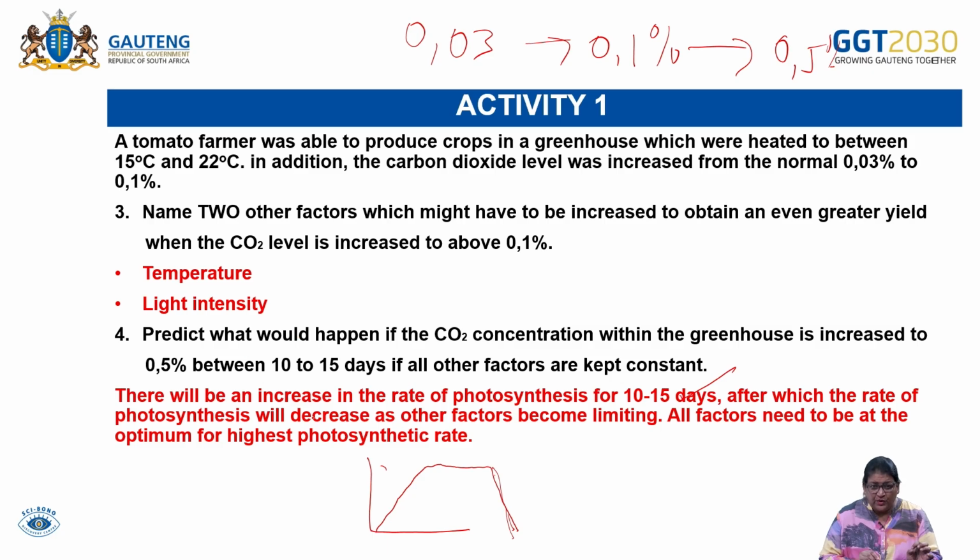You've got to relate to the question that between 10 to 15 days at 0.5, the photosynthetic rate will increase to a certain optimum level, right? Thereafter, the photosynthetic rate will decrease as other factors become limiting. All the factors need to be at the best, the most suitable for the highest photosynthetic rate. In other words, all the ingredients or raw materials, if you increase one, you've got to also increase the dose of the other. Okay.